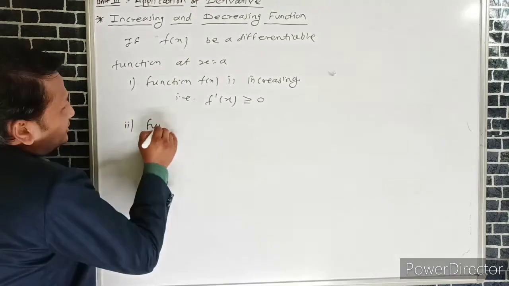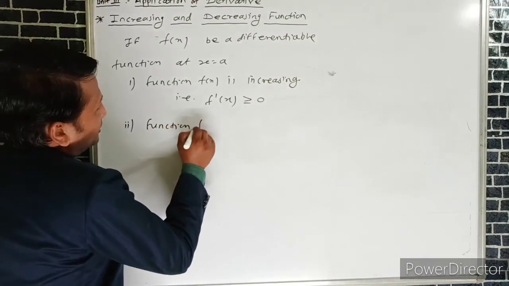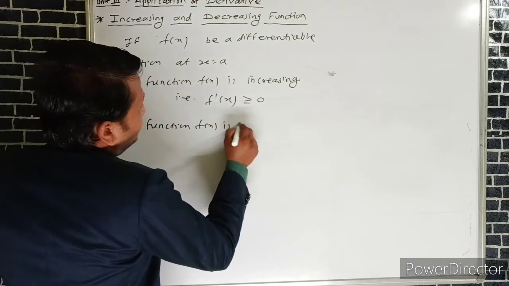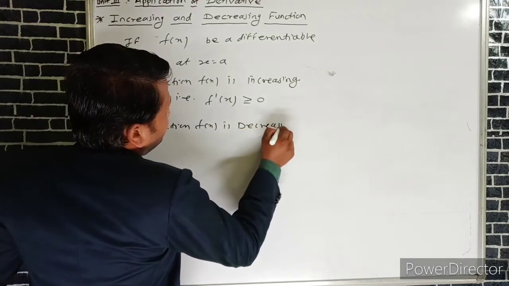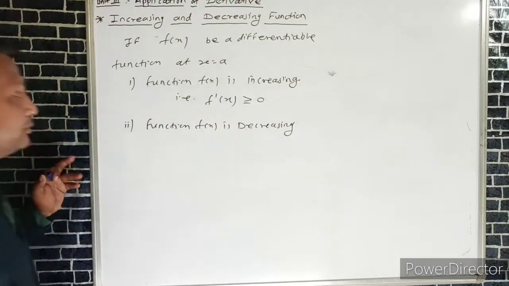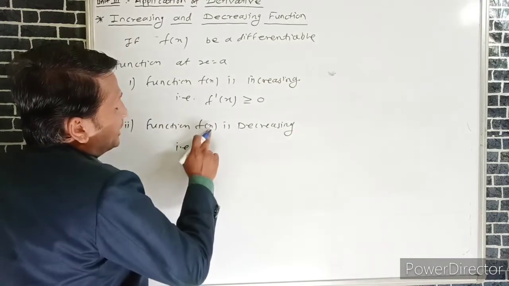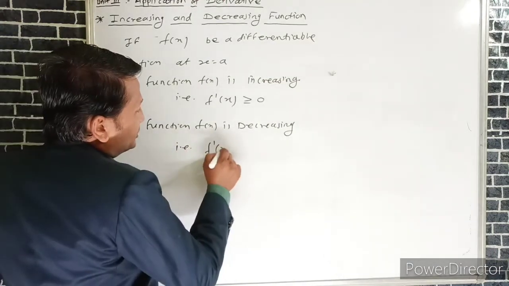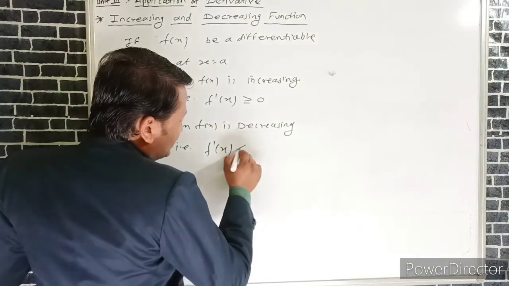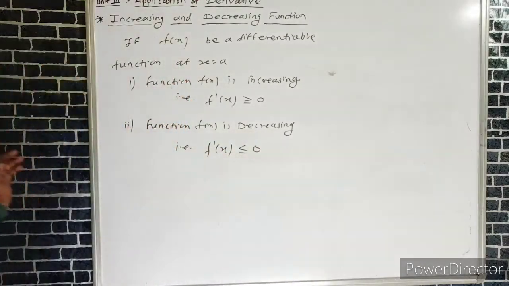If the function f of x is decreasing, then the derivative f dash of x is less than or equal to 0.